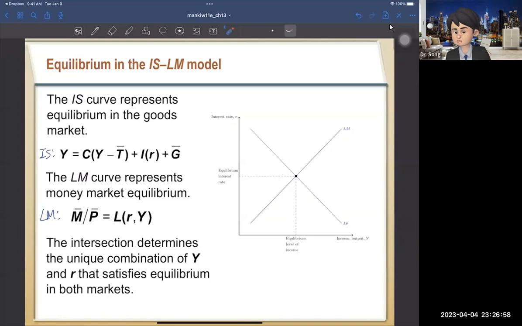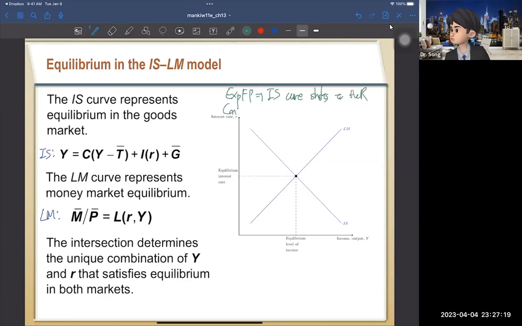When the government implements expansionary fiscal policy or contractionary fiscal policy, that shifts the IS curve. Put simply, expansionary fiscal policy shifts the IS curve to the right.